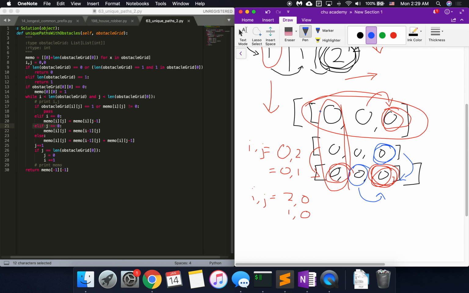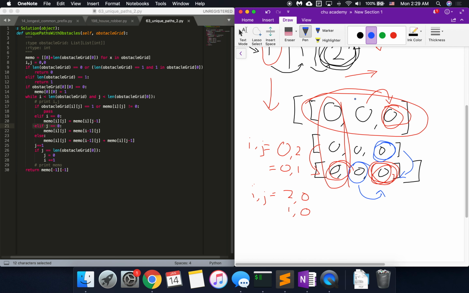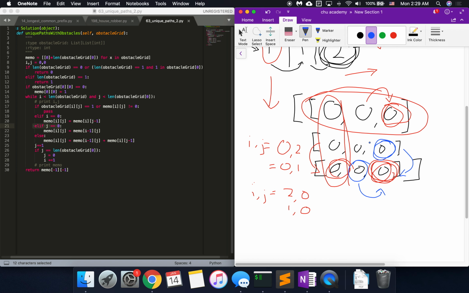So for me, I did i, j. What this does is it looks through each row before moving on, right? And then if you're at the very end of your row, then you need to move on to the next one.